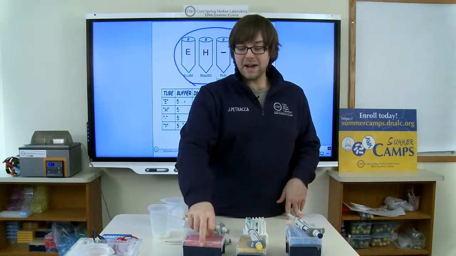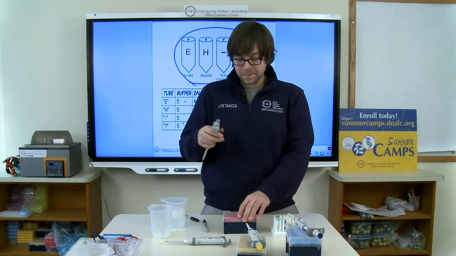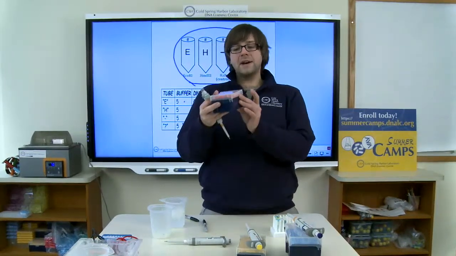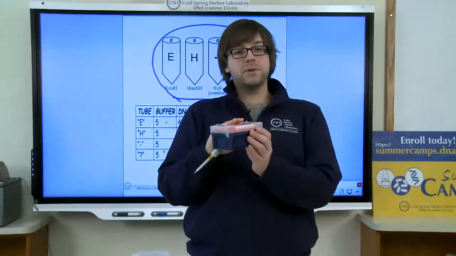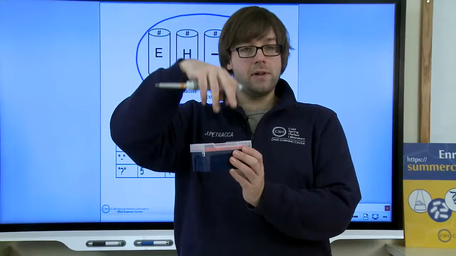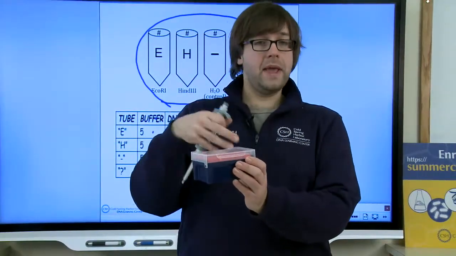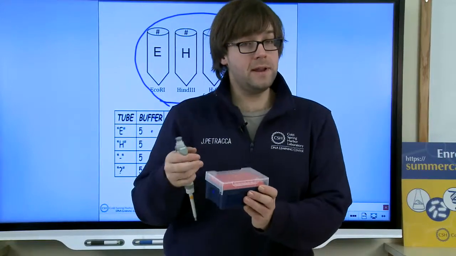I'm going to use this box of red tips here because they are the tips for the gray pipette. Notice that the box is closed with a little plastic lid. The idea is that these tips are protected from the air and from contaminants that might fall in, or as I'm talking, I might blow air onto the pipette tips and contaminate them.